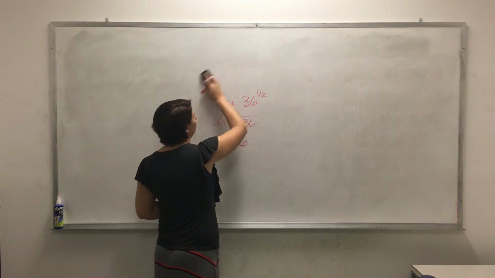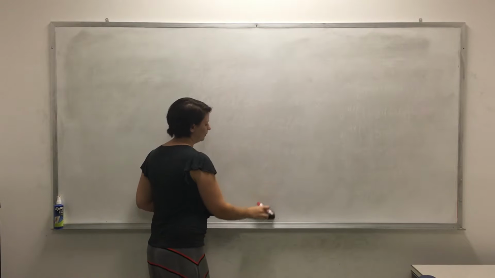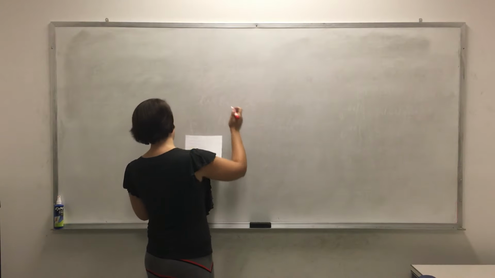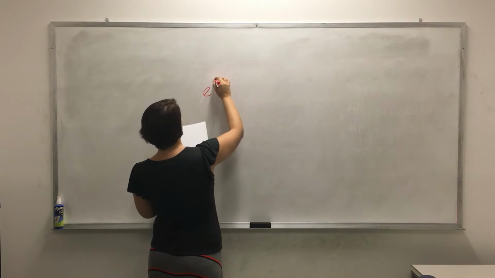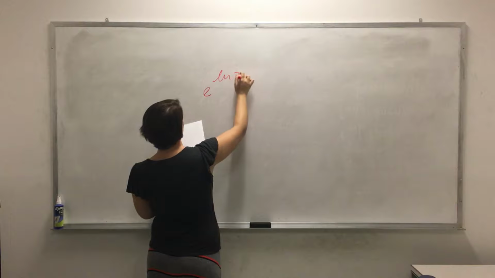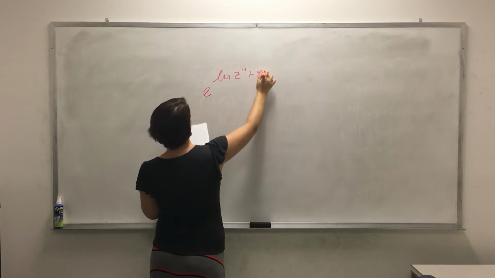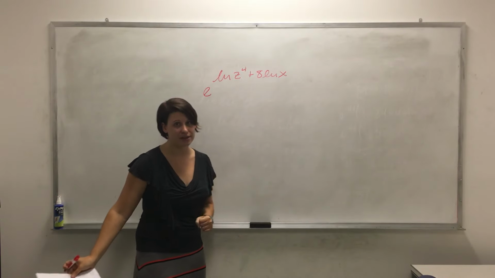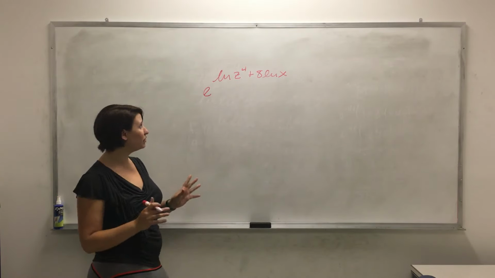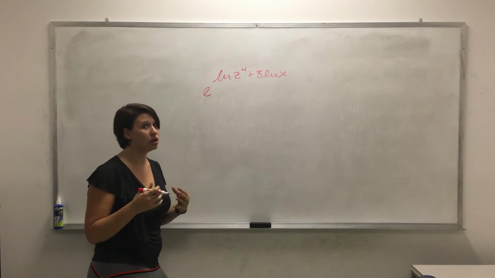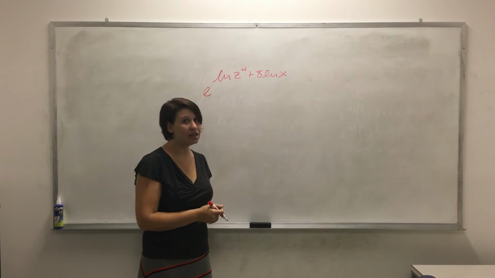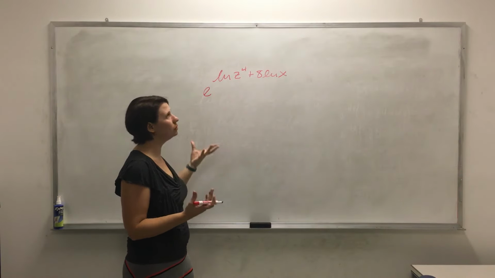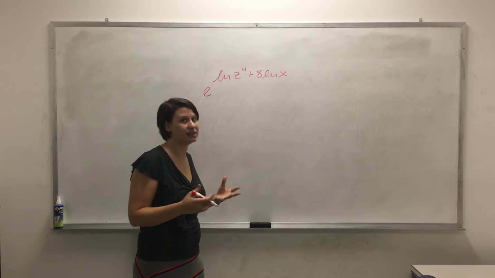Another example: if we have e to the natural log of z to the 4th plus 8 natural log of x, we want to simplify this. Sometimes it's a little difficult to see if we've simplified enough. Pretty much we can assume that we need to use log rules somewhere in the problem since it's in this section.